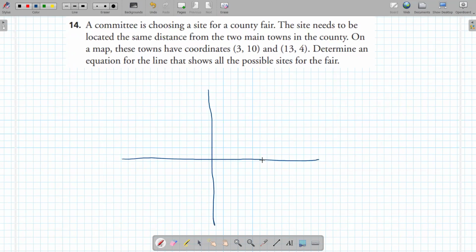Now we're building a fair. So we have our point A that's at 3, 10, and we have our point B that's at 13, 4. The fair is going to be the same distance from these two towns. How do we find that?